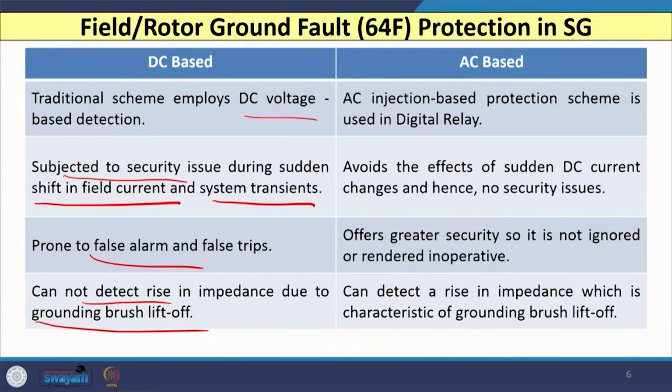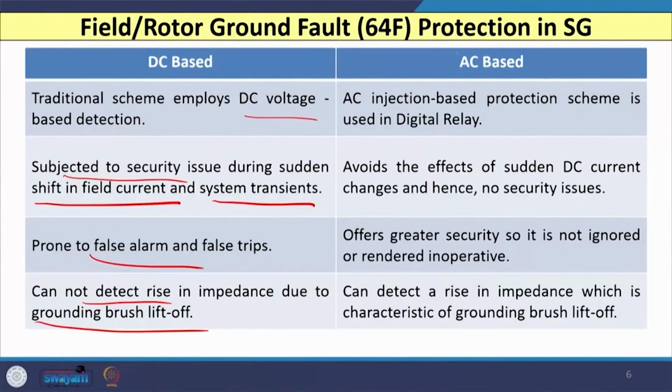So, because of certain disadvantages of the DC voltage based detection scheme, nowadays most utilities use the AC voltage based protection scheme, and this is normally used by most of the digital relays. This type of scheme avoids the effect of sudden change in the DC current, so there is no security issue, and at the same time it also offers greater security as it is rendered inoperative in cases like system transients and so on.